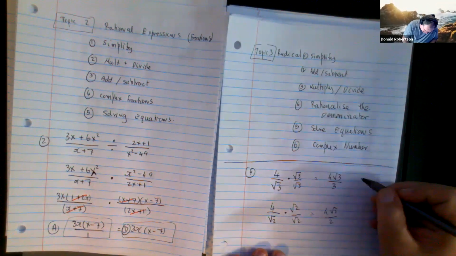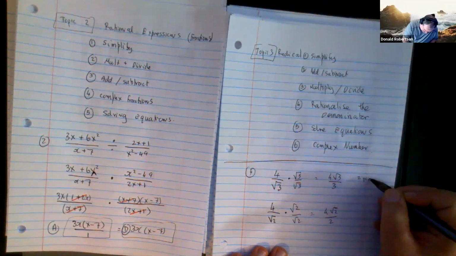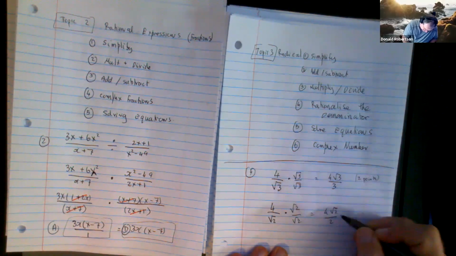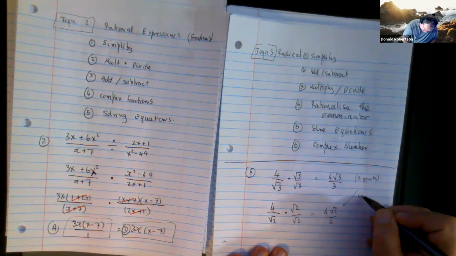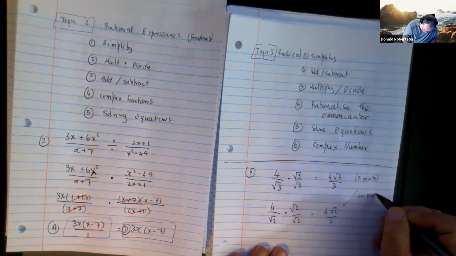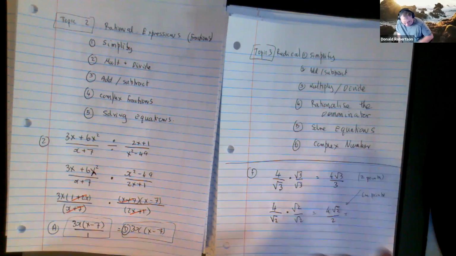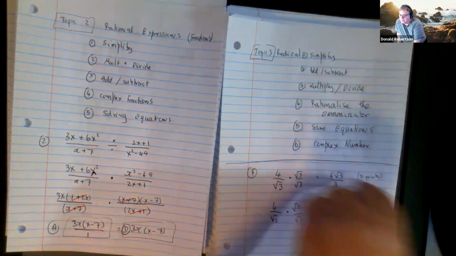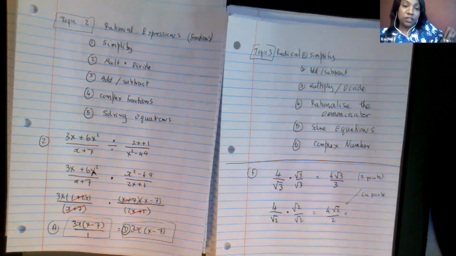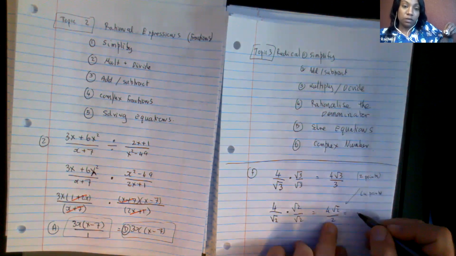So if this question here was worth like 2 points, this question here's going to be worth 4. What have I still to do with this fella that I didn't need to do with this one? Simplify the 2 and the 4. And you end up with that guy.